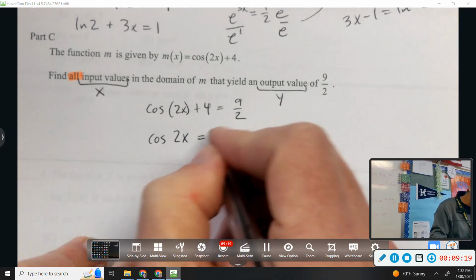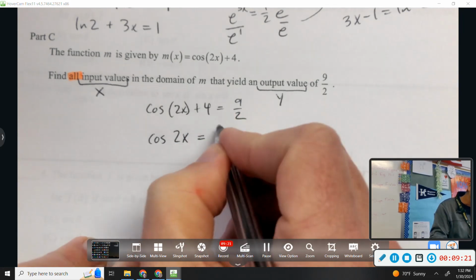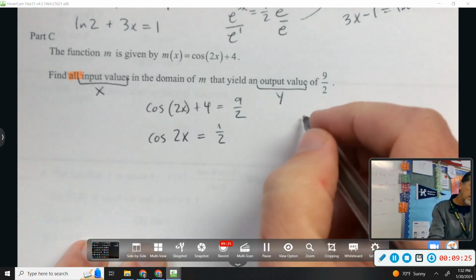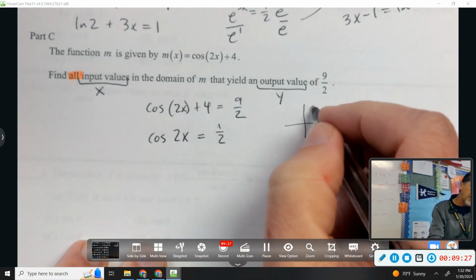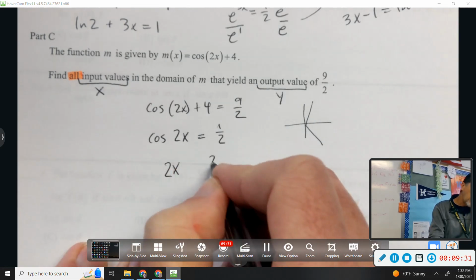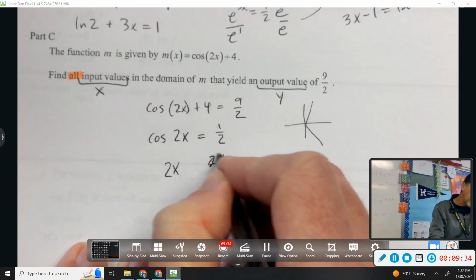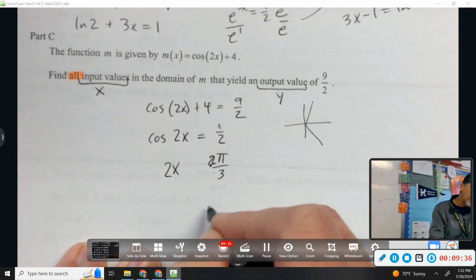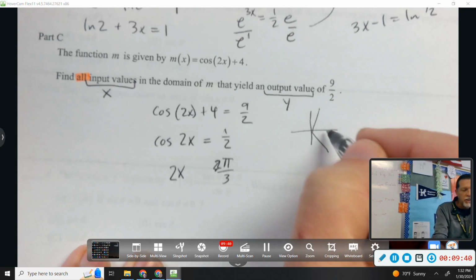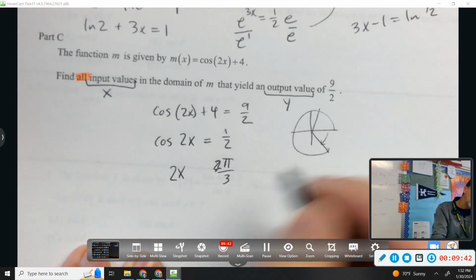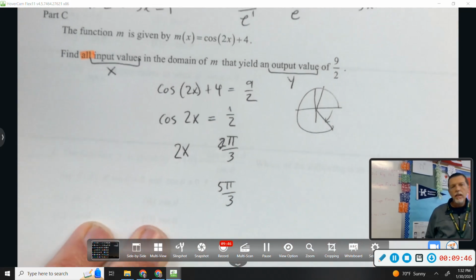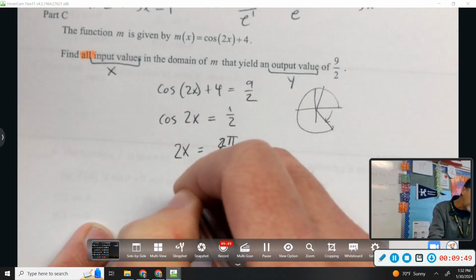Cosine of 2x equals 1/2. Let's see. Cosine is equal to 1/2 at pi over 3 and at, it doesn't matter, you can say negative pi over 3, or you can go the long way around and say 5 pi over 3. Either one. But that means 2x needs to be those things.